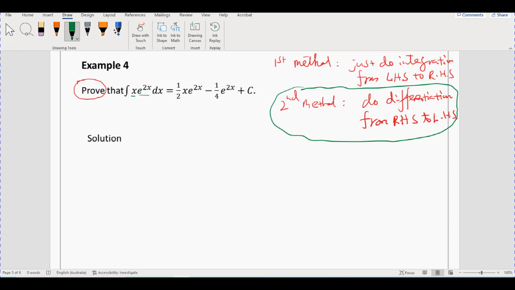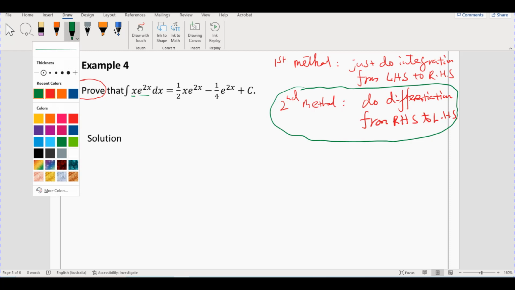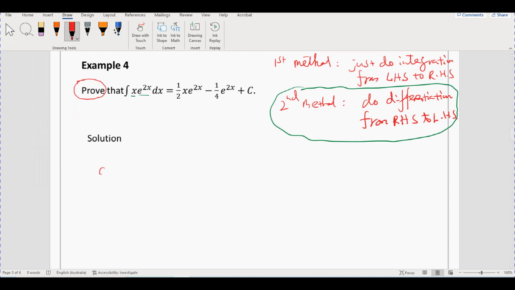So that means in most cases you might just need to do the differentiation from the right-hand side to the left-hand side. So let's try to do it. Let's try to see if that's the case. Let me differentiate the right-hand side function with respect to x.